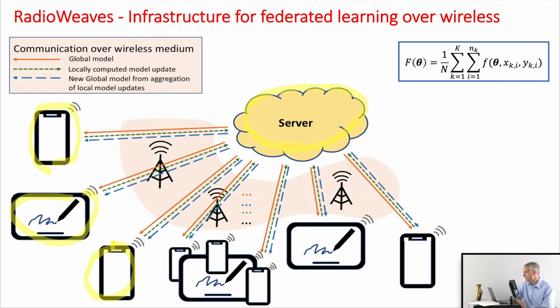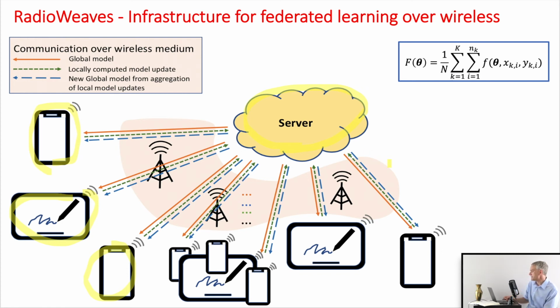And these devices don't want to share their training data directly with the server for privacy reasons. So the way federated learning works is that the server broadcasts its current version of the learning model, and each one of the devices obtains their own training data and then computes an update to the model and feeds this back to the server.